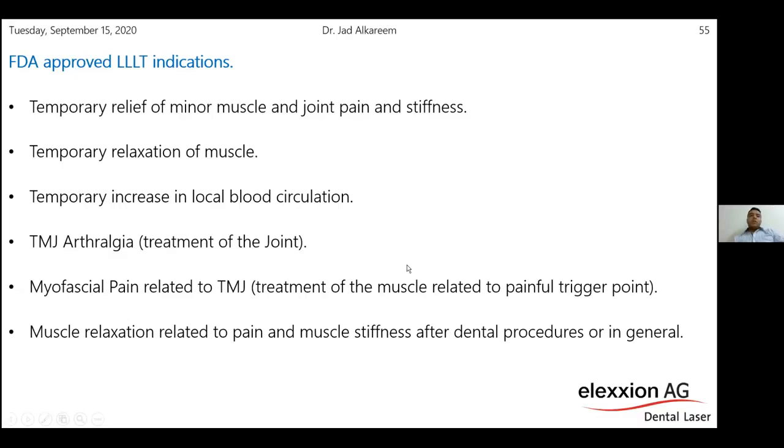So if you have a patient who has pain from clicking, you first have to treat the reason for the clicking and then use the low-level laser therapy to decrease the pain. So low-level laser therapy or biomodulation is not enough to treat the reason, but it will be very beneficial to treat or to remove the symptoms.